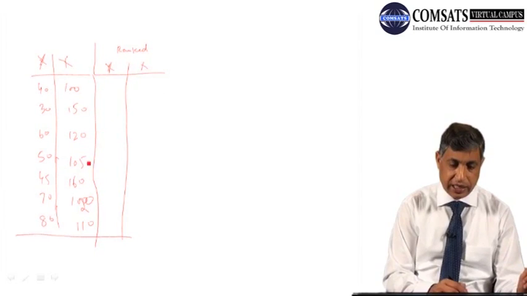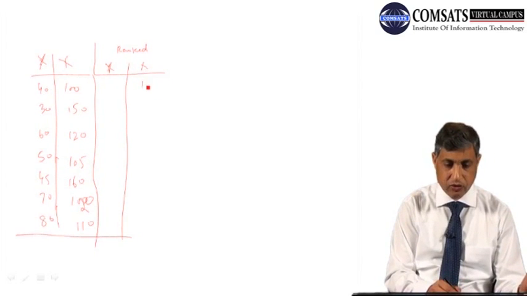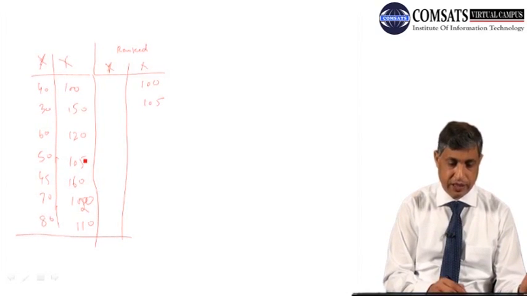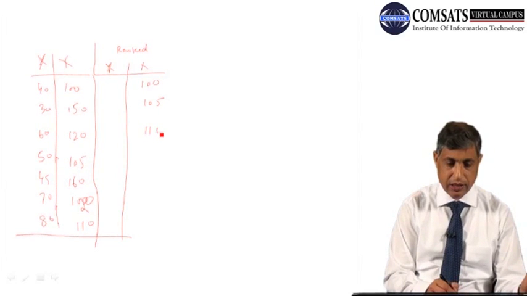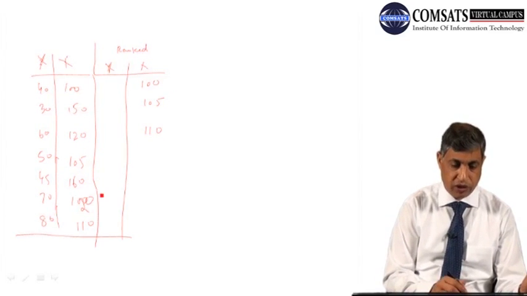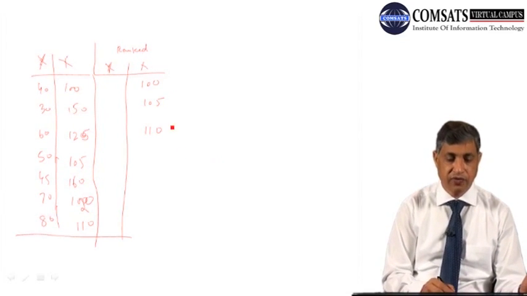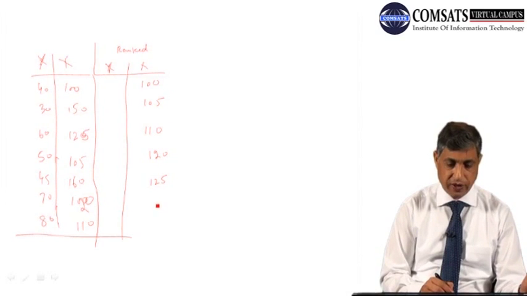This is column A. Take the minimum value first, fortunately it is 100. The next is 105, then 110, then 120. There are two 120 values, so I would like to make one of them 125. Then 150 and 160.